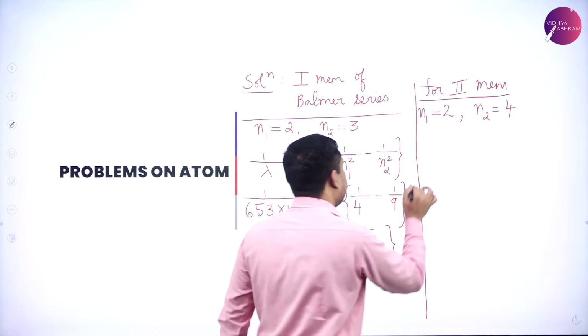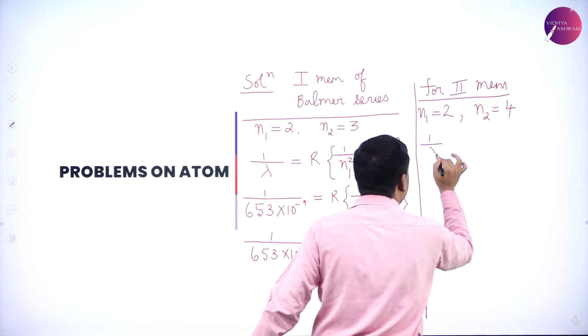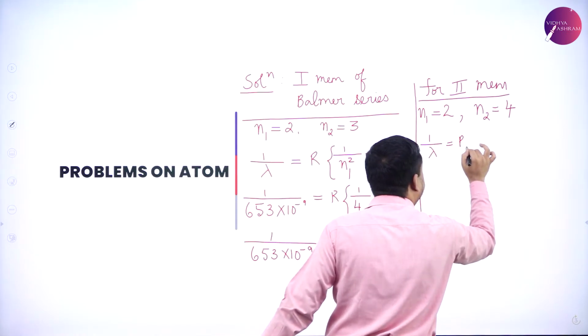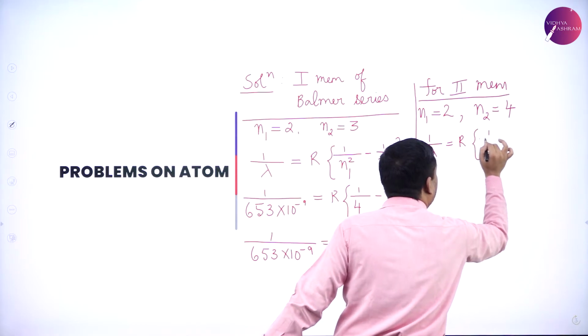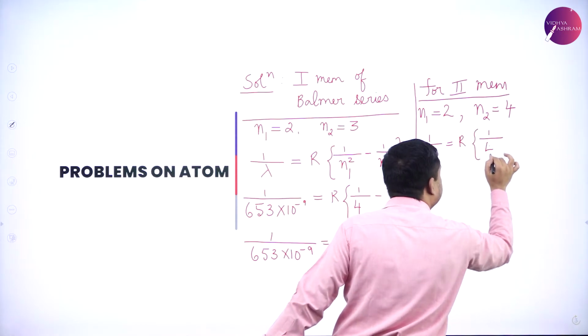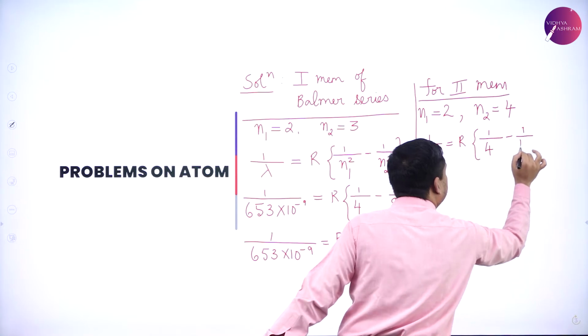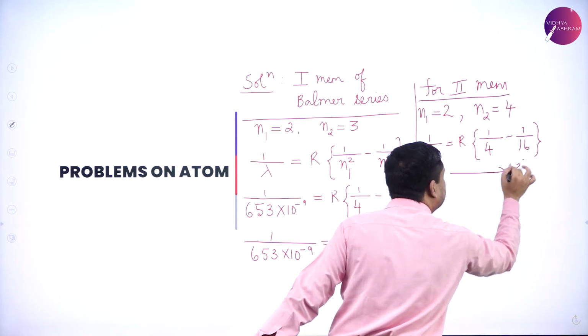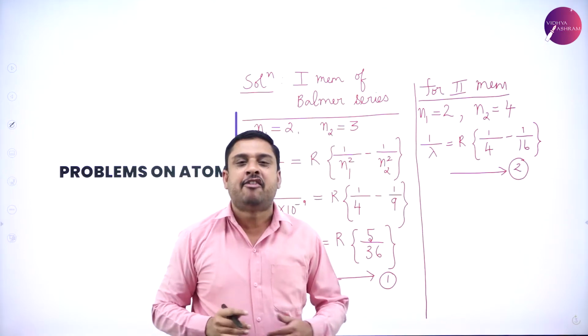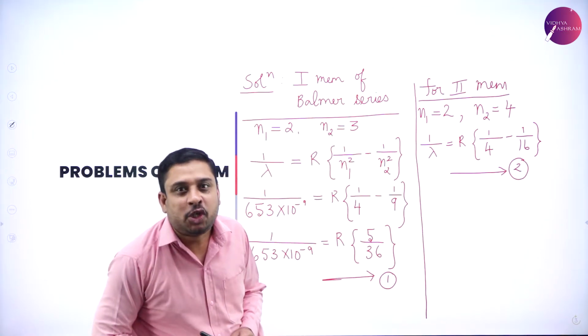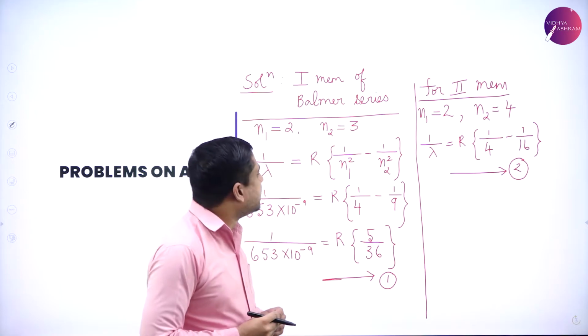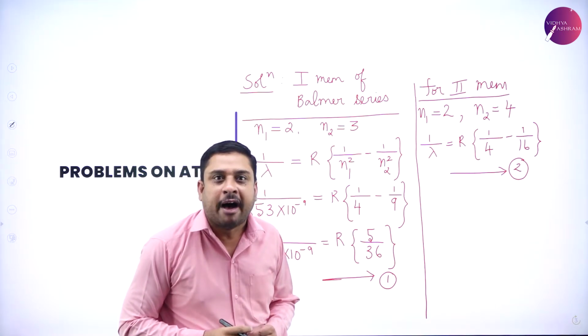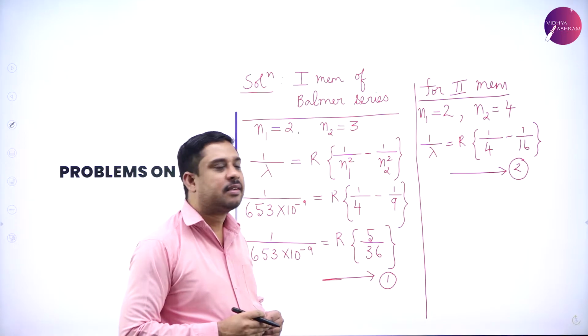Again, now use the same formula. 1 by lambda is R into 1 by 2 square, which is 4. This is equation 2. So, I have framed equation 2 for second member of Balmer series.